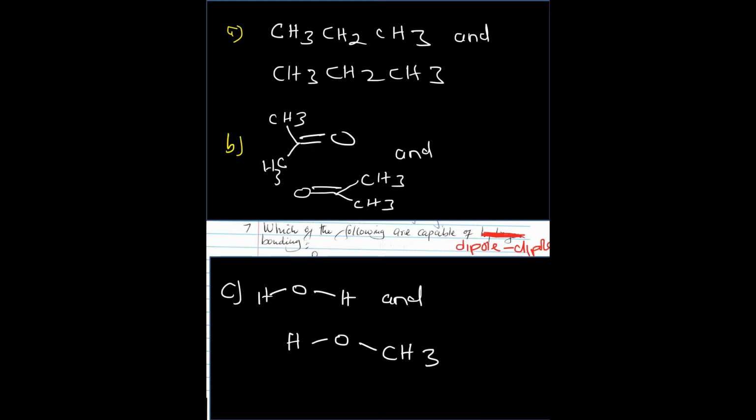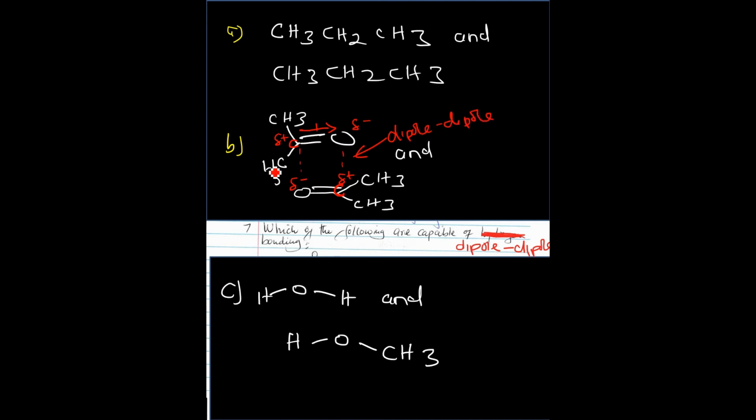Okay, so the question here is which of the following are capable of dipole-dipole? Again, I point towards the oxygen. Because oxygen is more electronegative than the carbons, which are in between, carbon will be partially positive and oxygen will be partially negative. Because you have these partial charges between elements that are not hydrogens, we call that dipole-dipole.